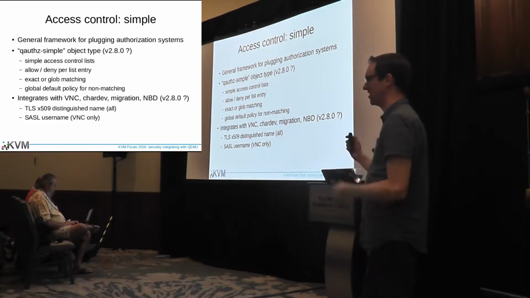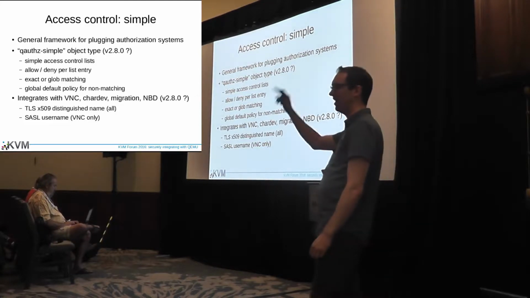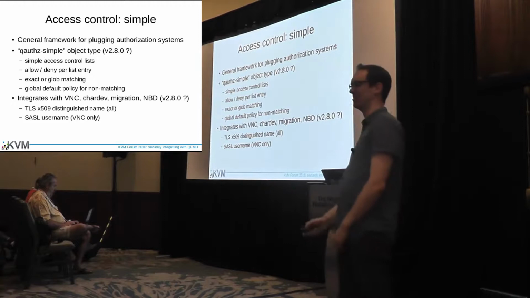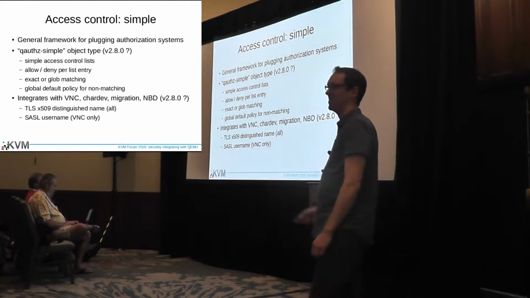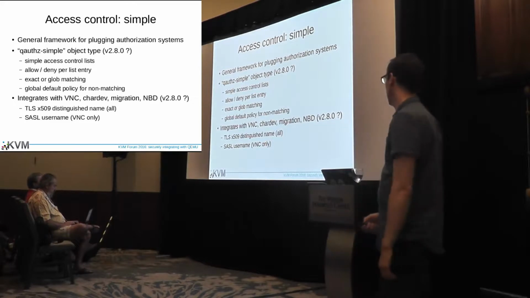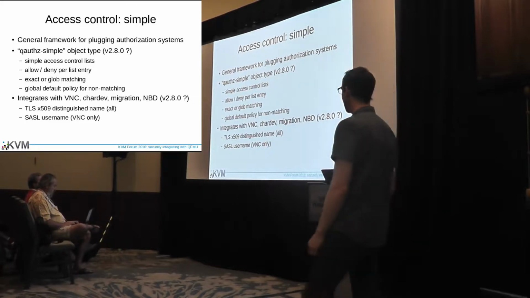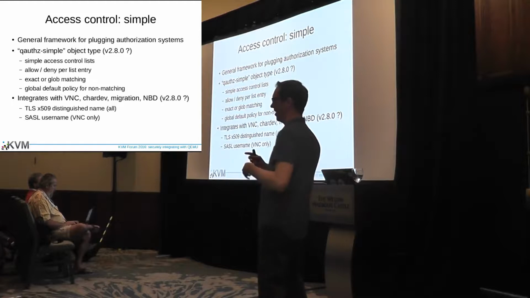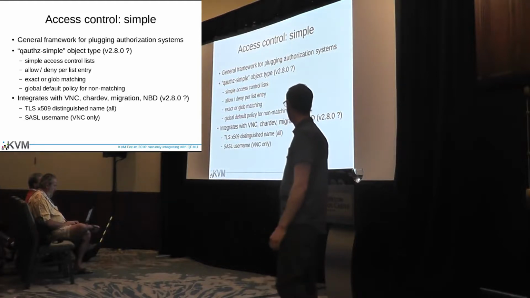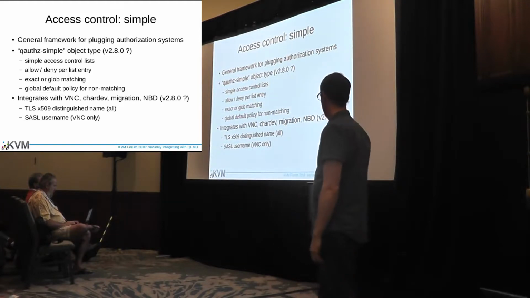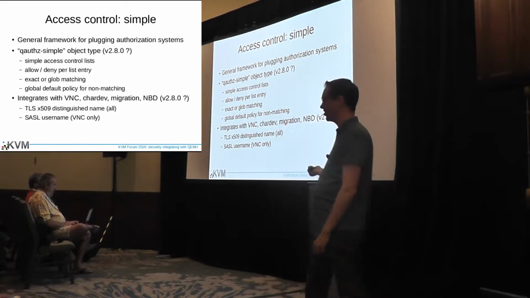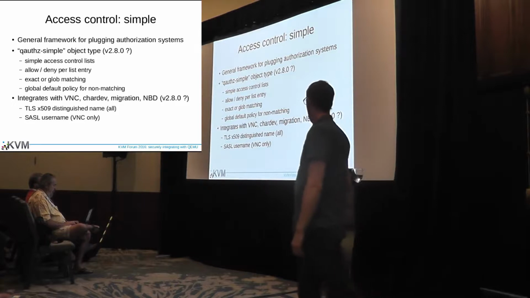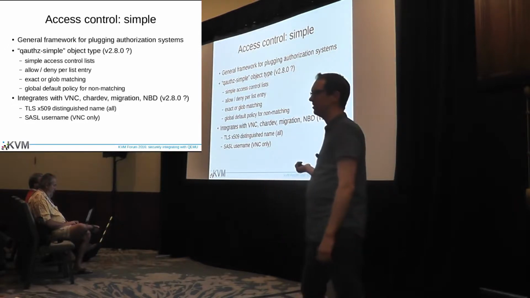And this access control list will just be a simple allow, deny, ordered list, and it will just go through the list until it finds a match and apply the policy that match is associated with. So that's a nice, simple approach. It doesn't rely on any external infrastructure. We'll be able to use that with VNC, character devices, migration, NBD, hopefully in the 2.8 release.